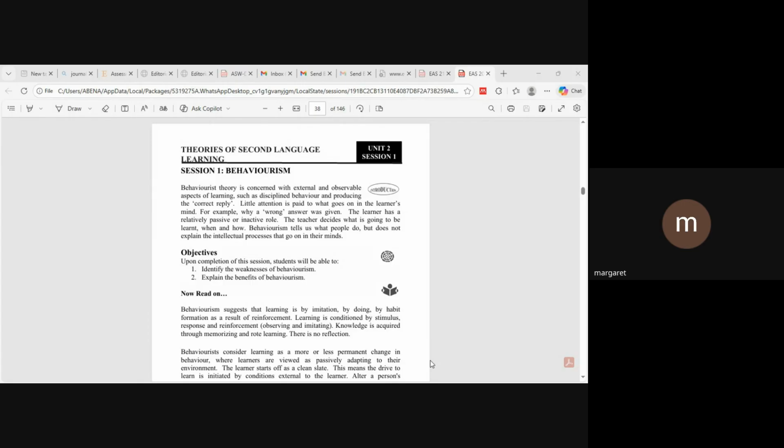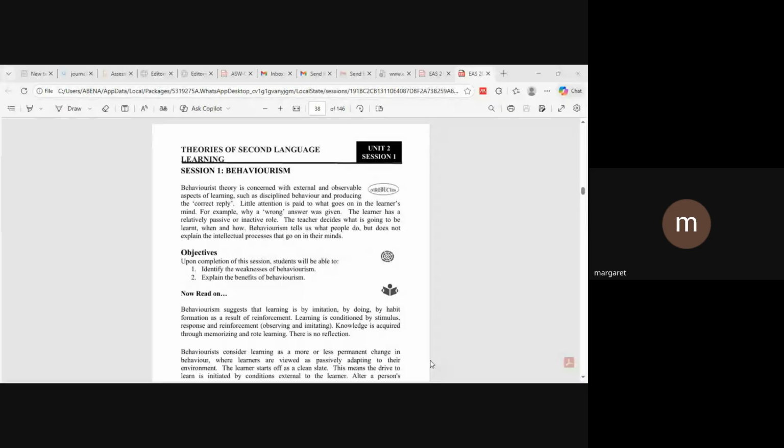You get it? And then they are also saying that learning is backed up by repetition, leading to repetition with reinforcement, leading to habit formation. Reinforcement simply means that a system of activities that is done to ensure that the correct behavior is repeated.